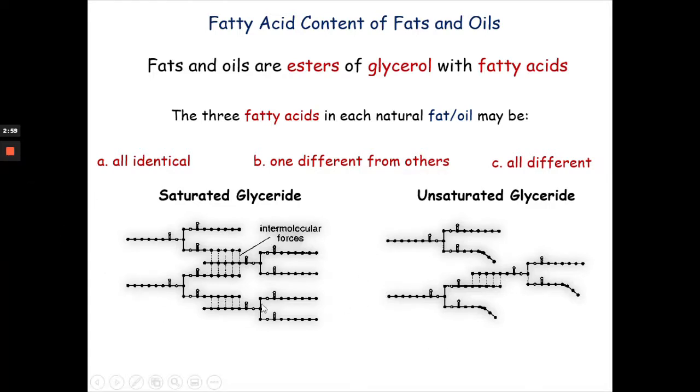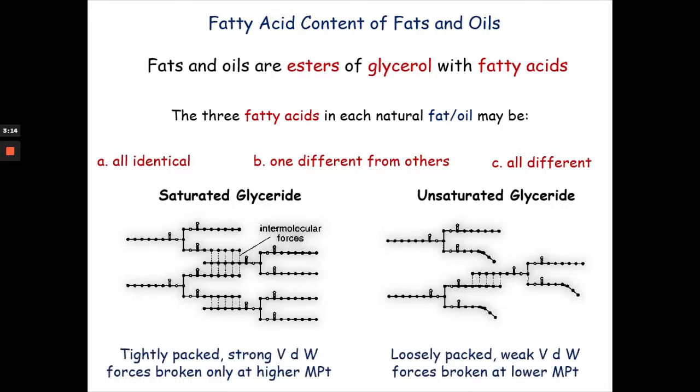So soaps are salts of these fatty acids, and in order to produce the salts of these fatty acids, the first thing that we've got to do is break down the fat molecule. So this is just a little recap again.